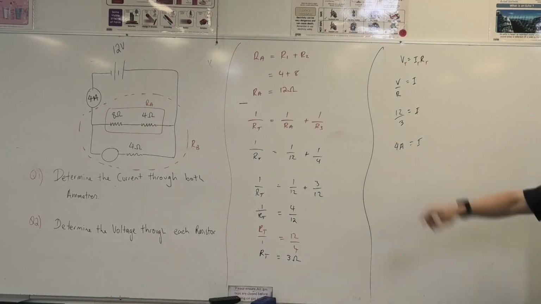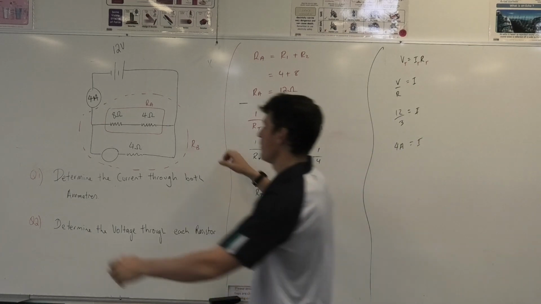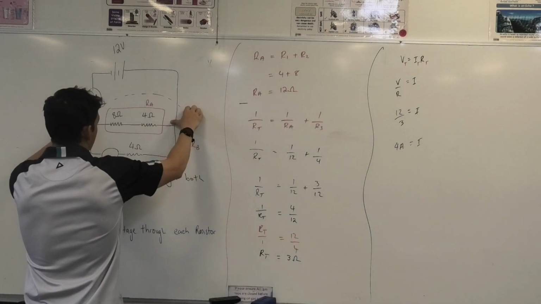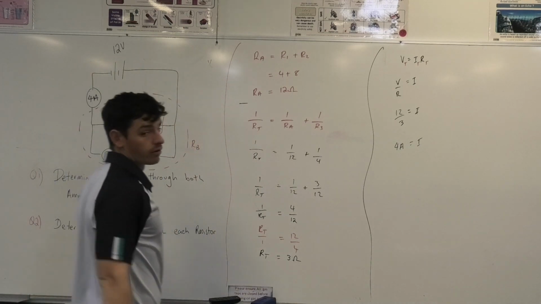How do we find out the bottom one? What type of circuit have we got? Combination. What's that bottom branch? Does any voltage get used up here? Any voltage there? Or not?